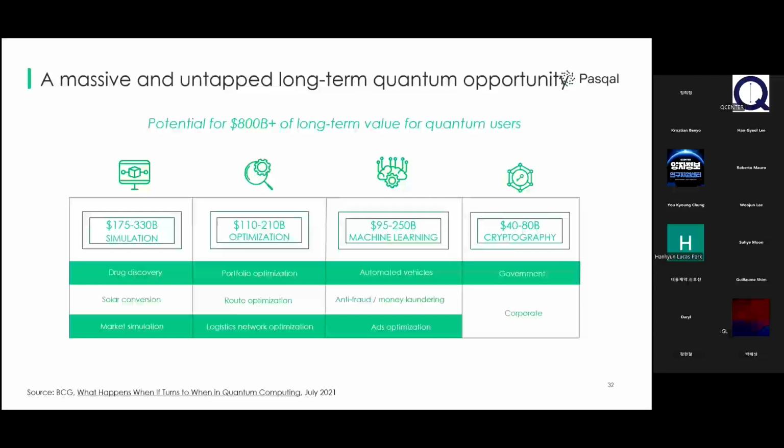Machine learning and AI processes can help enhance and optimize either the physical or the software architecture for a quantum computer. And finally, a very, very long-term, but still important part of the quantum computing landscape is the cryptographic considerations.